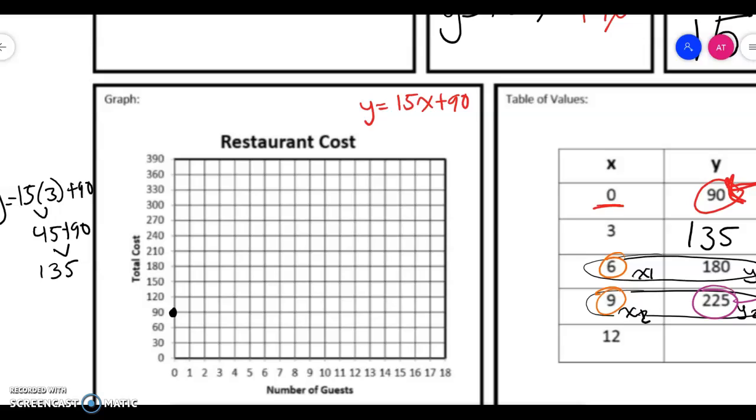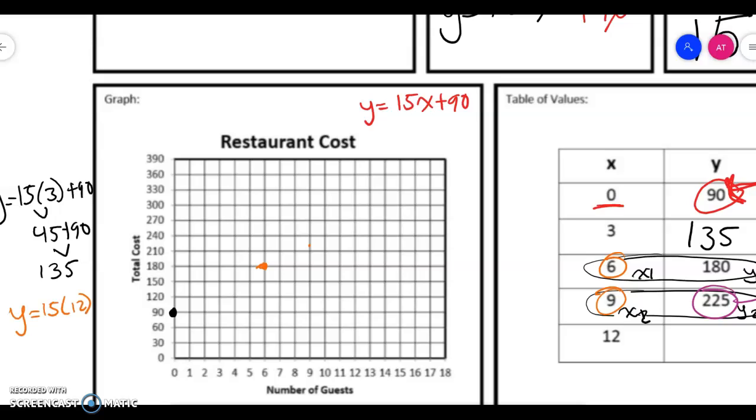So let's plot the ones we do know. 6, 180. And 9, 225. Oops. Just going to be about right there. And then we can figure out 12.